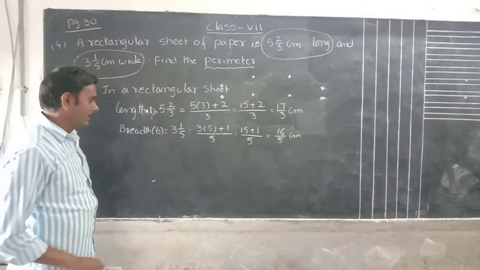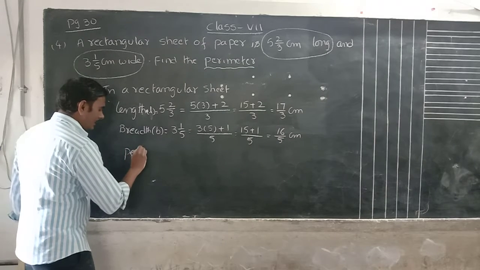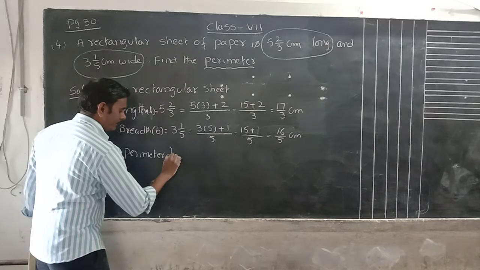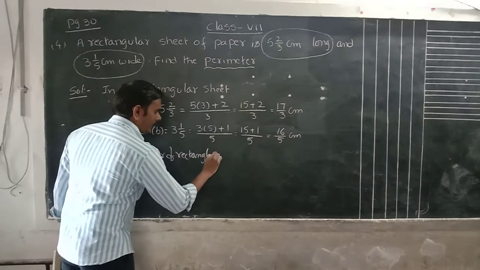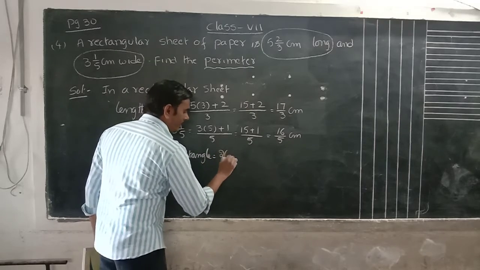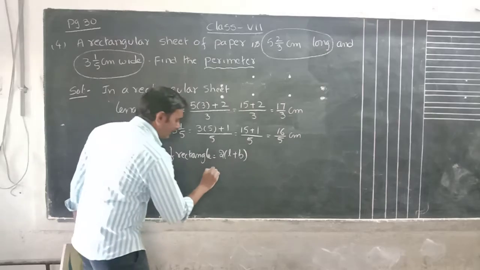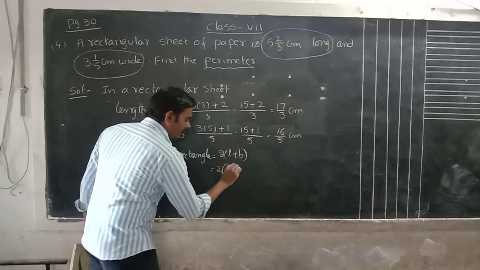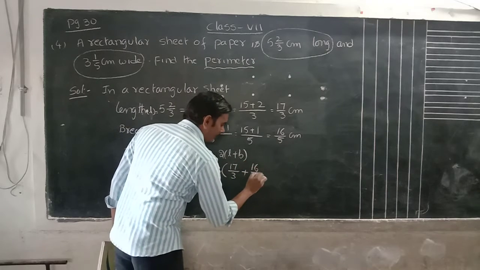We calculated both. Now we will calculate the perimeter of the rectangle. The perimeter of a rectangle formula is 2 times (L plus B). That means 2 times (17/3 plus 16/5, where 16/5 is the breadth).